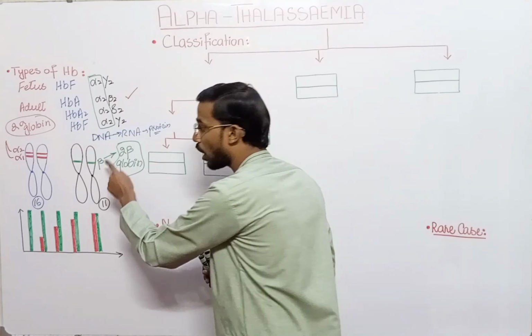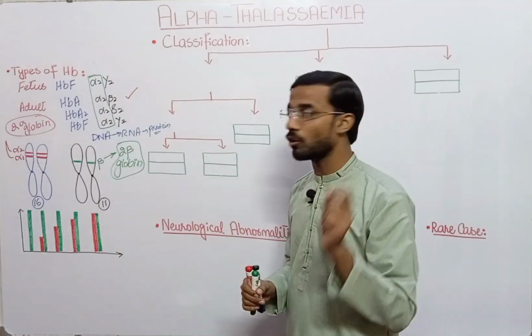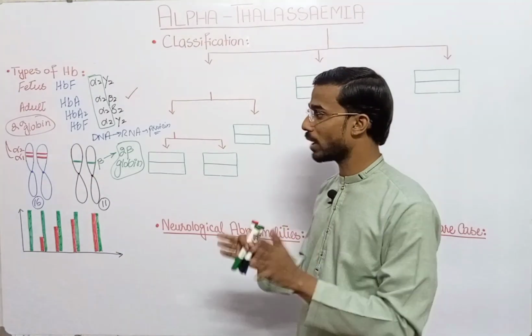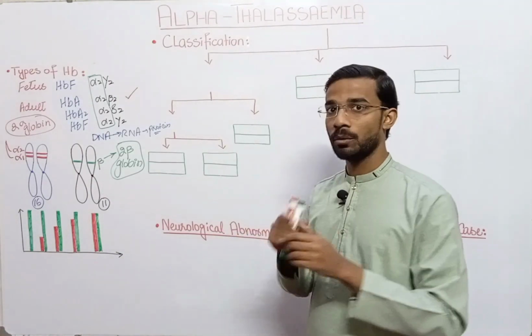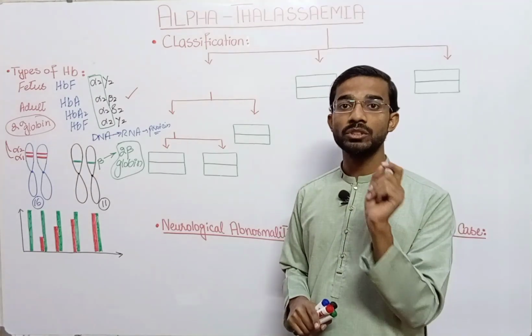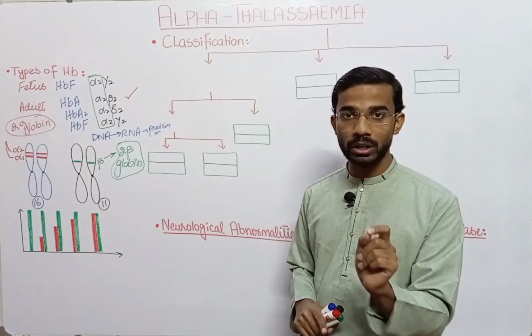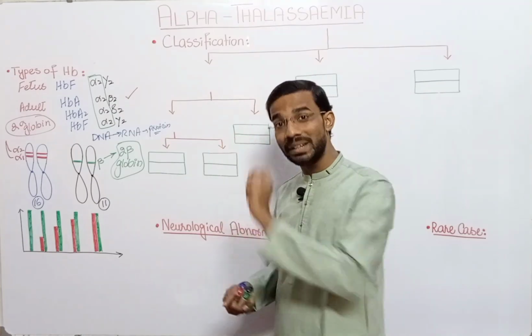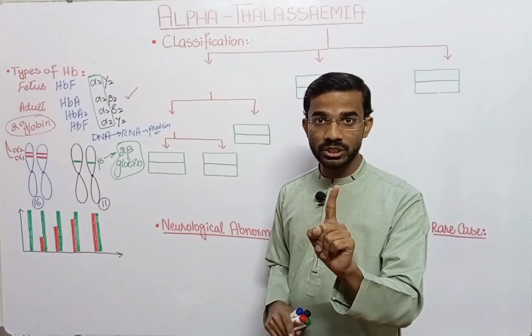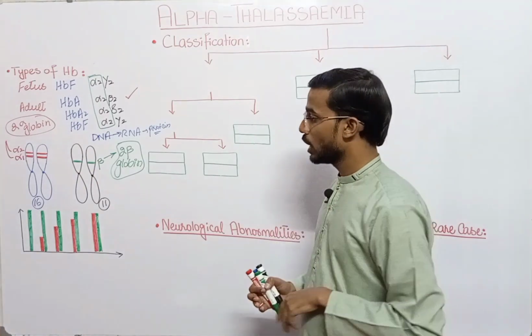But in the case of beta, only 1 gene is involved in the formation of 2 beta globin chains. So this point is very important. In the formation of alpha globin chains, you require 2 genes having 4 alleles. And in the formation of 2 beta globin chains, you require 1 gene having 2 alleles.